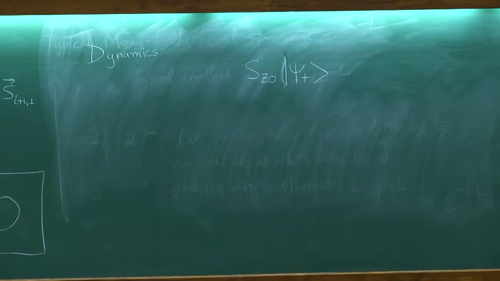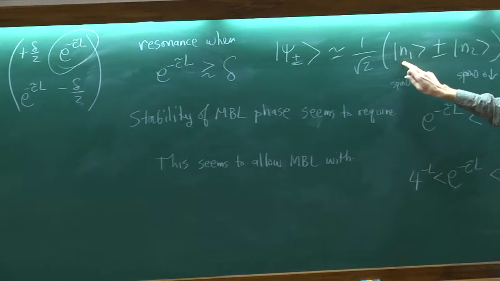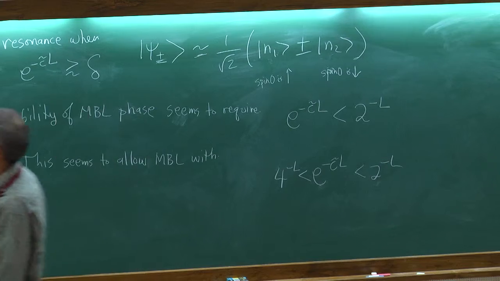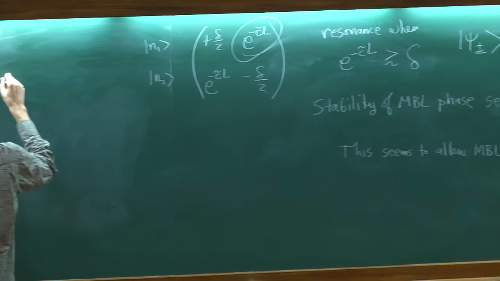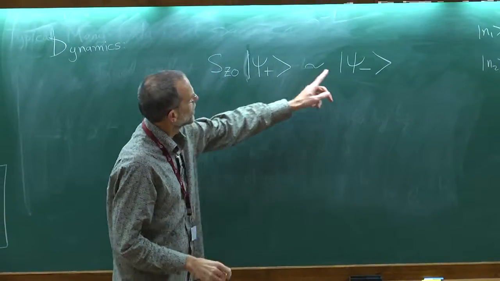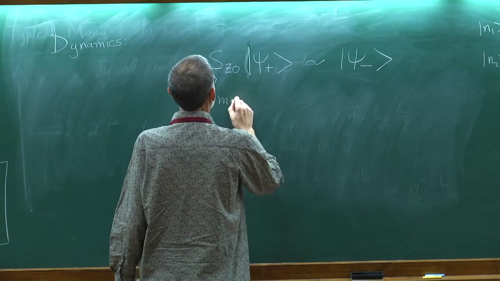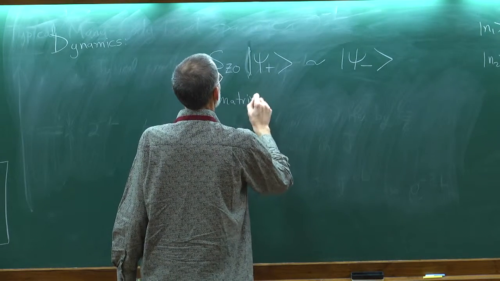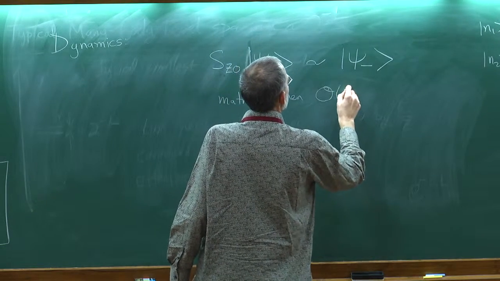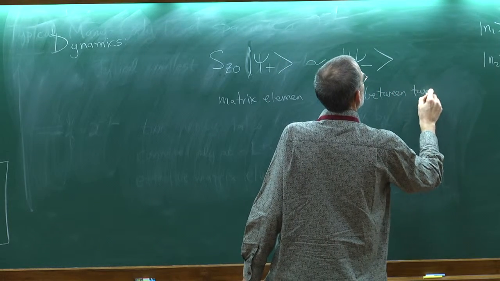It gives a positive coefficient when it operates on this, and a negative coefficient when it operates on this. And so therefore, this is proportional to psi minus. And the matrix element is of order 1, between these two eigenstates.